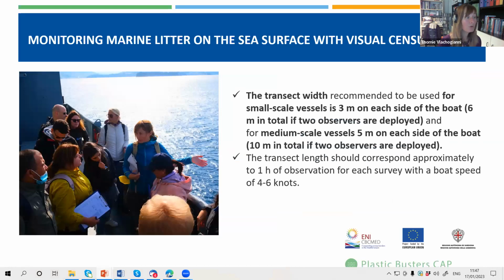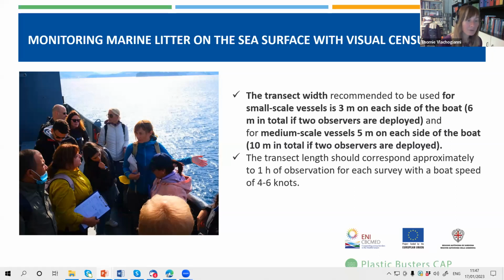And also what should be avoided is, as you see here, we are doing a training on floating litter monitoring in Croatia, and on this side of the vessel we have the glare from the sun. So this is obviously not ideal for doing the macrolitter monitoring, and therefore the side of the vessel where there is the glare of the sun should be avoided.